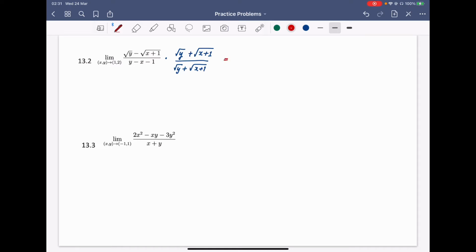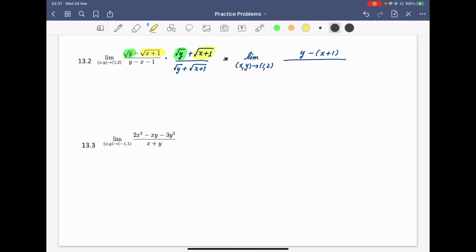Now I can just multiply the two terms on the numerator. So I am going to get y minus x plus 1 here, right? Because on the top, I have a minus b multiplied by a plus b.